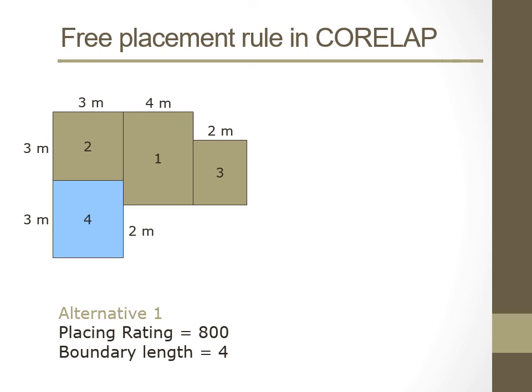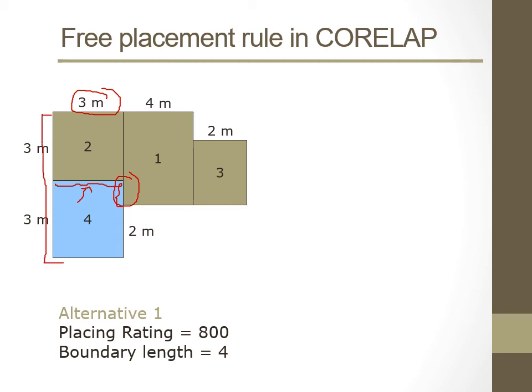On the other hand, what's the boundary length? The boundary length will be equal to this length that it shares with 2 plus this length that it shares with department 1. So this length is 3 meters. From here we understand it. And what about this length here? In total, we have 6 meters here.